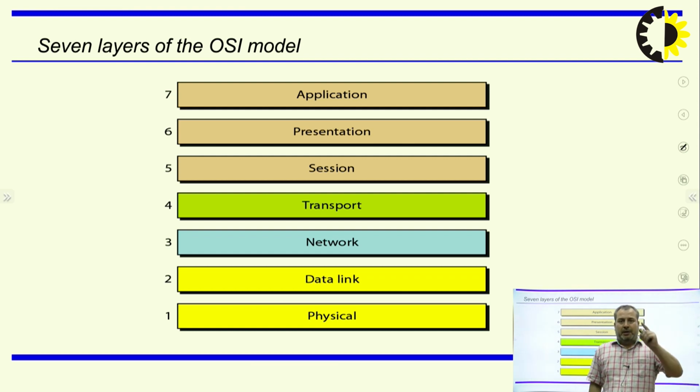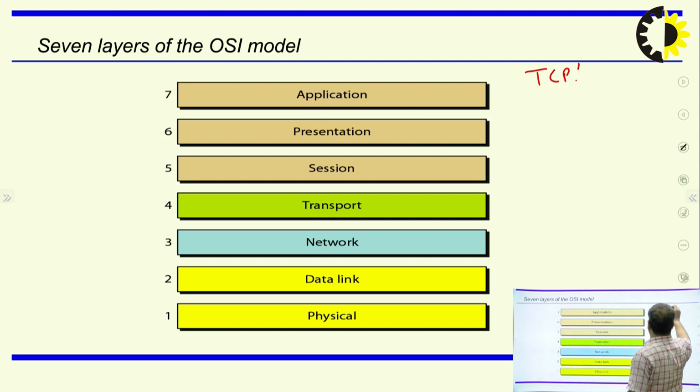OSI is a reference model, while TCP/IP is the practical model, which is actually implemented. In TCP/IP there are basically 5 layers.